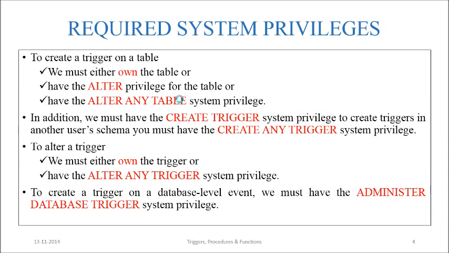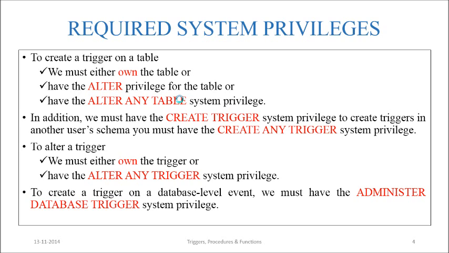So the required system privileges are: whenever we want to create a trigger on a table, we must either own that table or have alter privilege for that table or the alter any table system privilege. In addition, we must have the create trigger system privilege while creating the trigger.